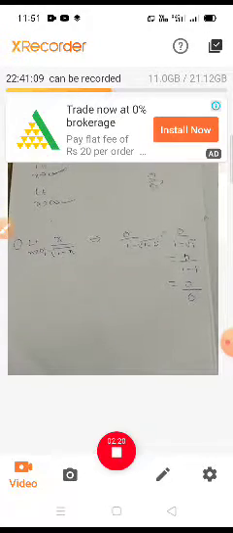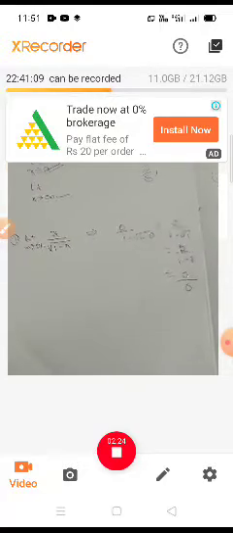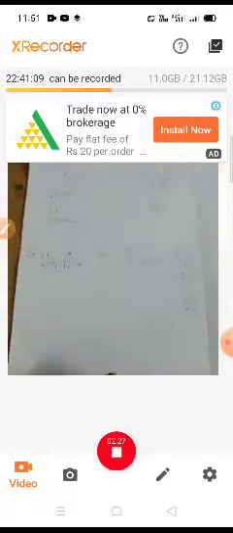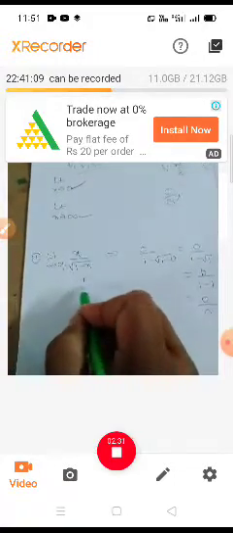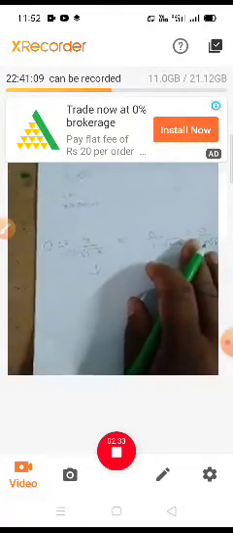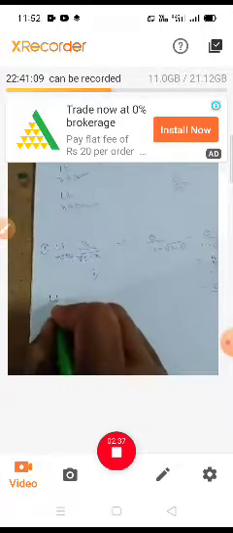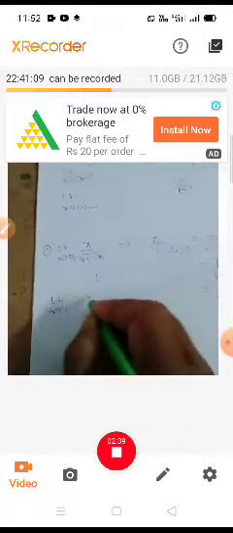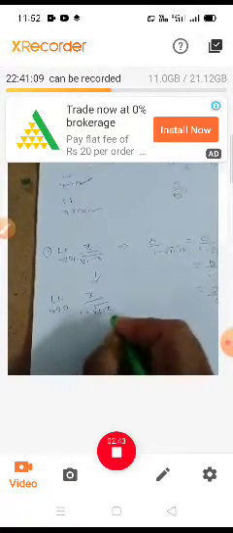When it is undetermined, one method is to take the factors. But in this problem we can't get the factors, so we are rationalizing the denominator. Limit x tends to 0 of x by (1 minus under root 1 minus x).